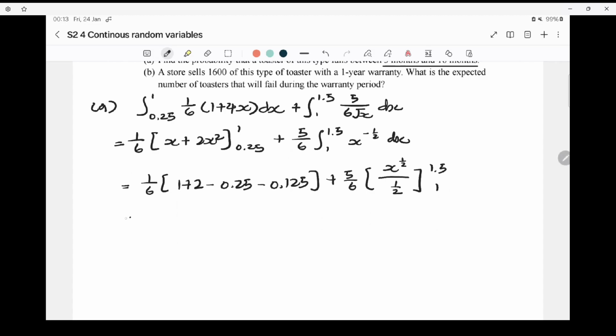So then the first part will be 3 minus 0.25 minus 0.125, which is 7 over 16.